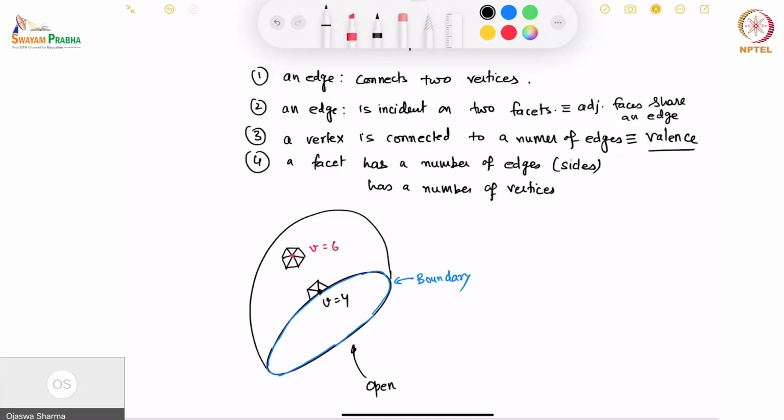Is it clear to all? Any questions? Right. So that's an open mesh. So a regular mesh is the one that has all regular vertices, be the mesh closed or open, that doesn't matter.